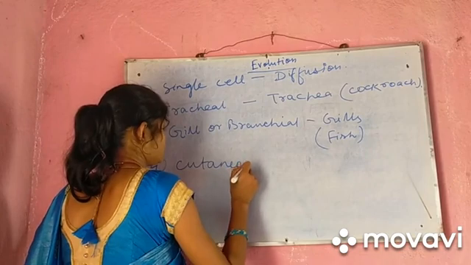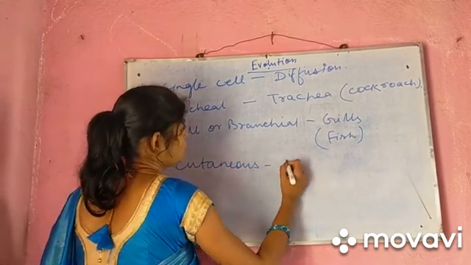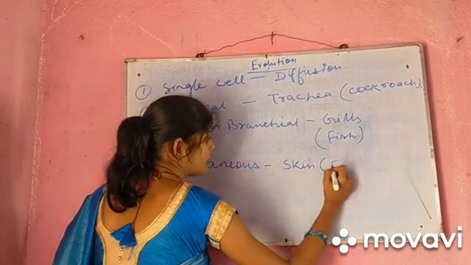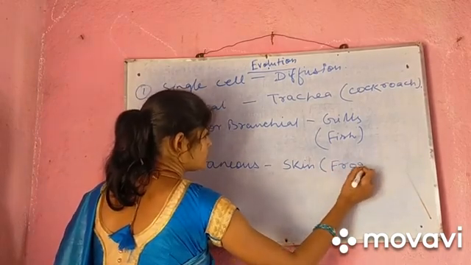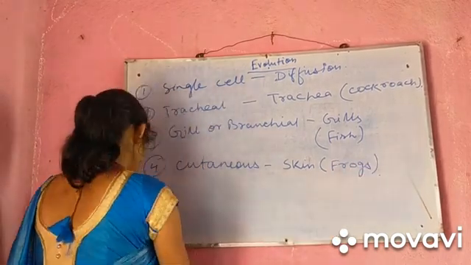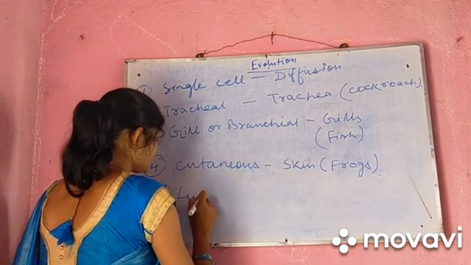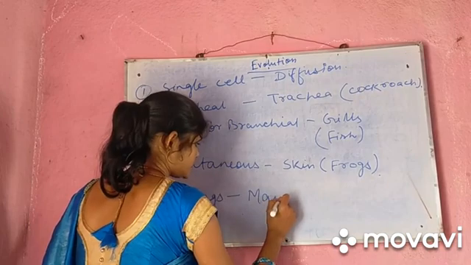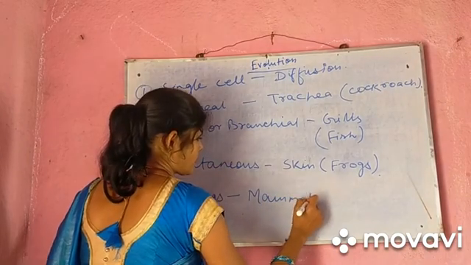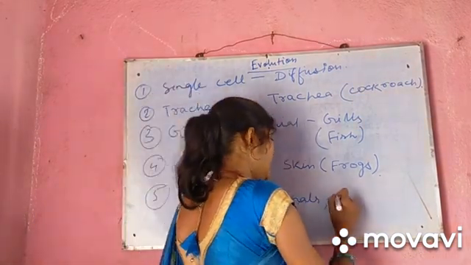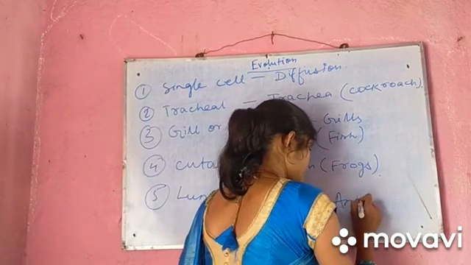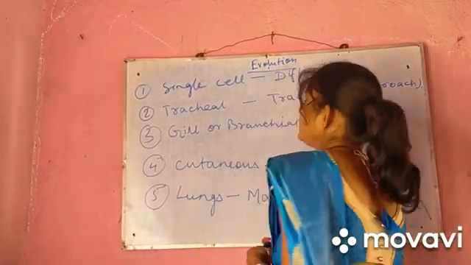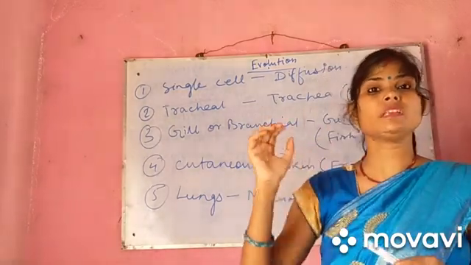It takes place through skin, mainly in aquatic animals like frogs. Then through lungs in mammals and other animals. So today we read about only respiration in animals.